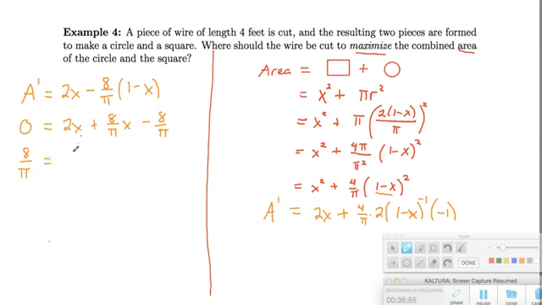Factor out numbers attached to x. So x is actually 8 over pi over 2 plus 8 over pi, which means that x is approximately, if you round to 2 decimal places, about 0.56.